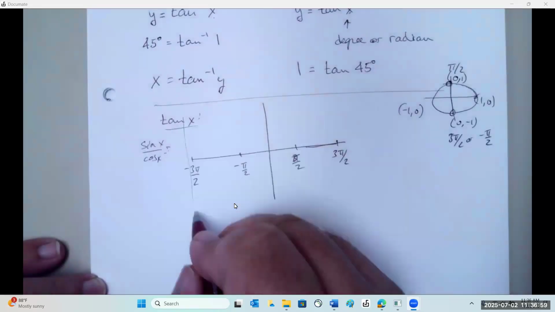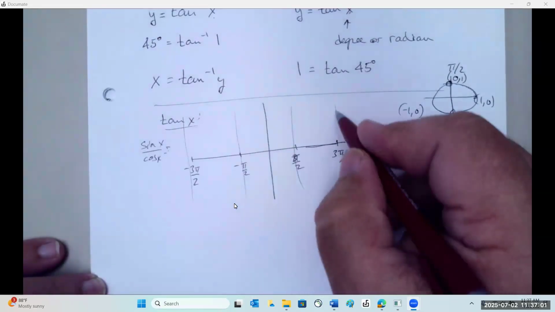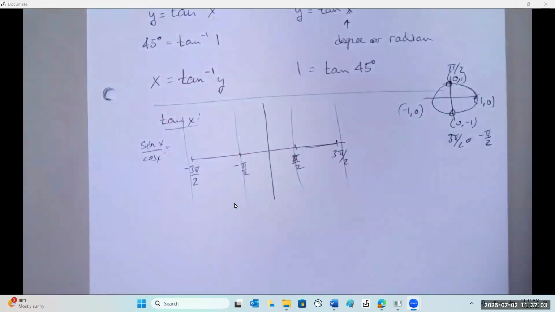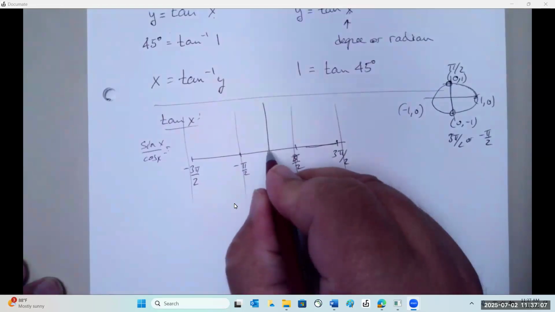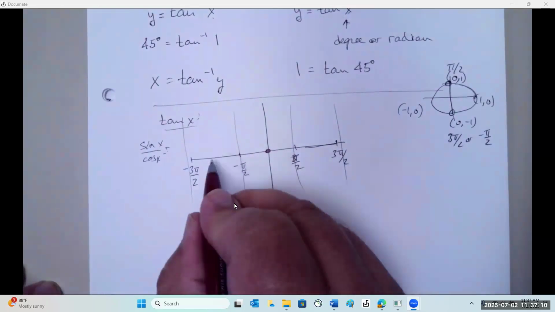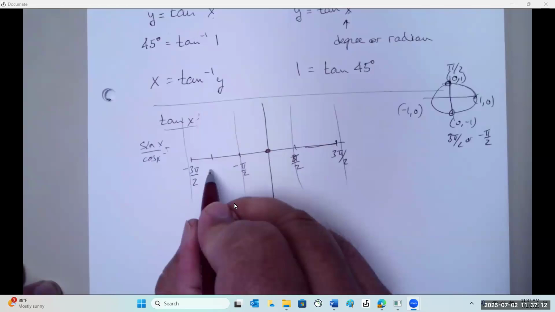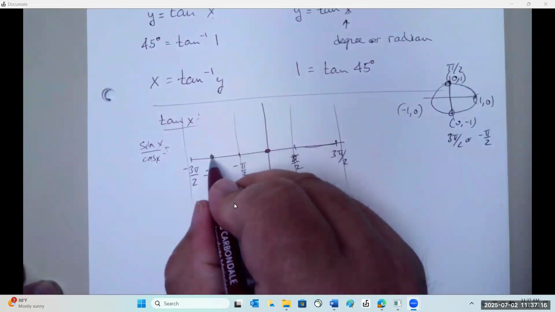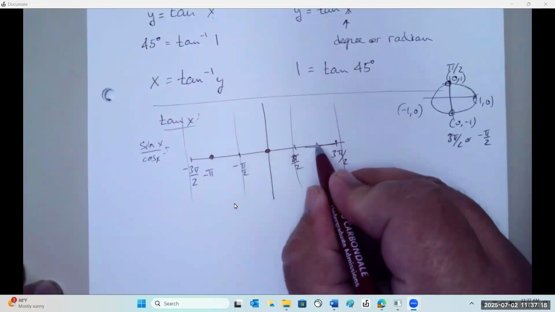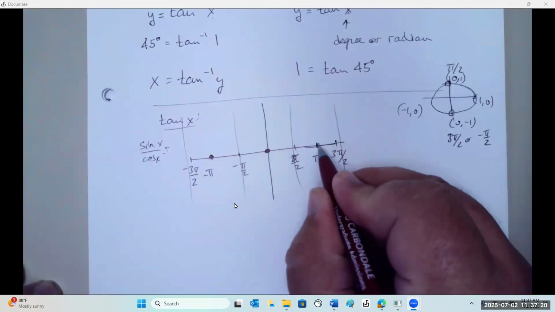So at these values, we have our vertical asymptotes. At 0, it's 0. At negative pi, it's 0. And at pi, it's 0.